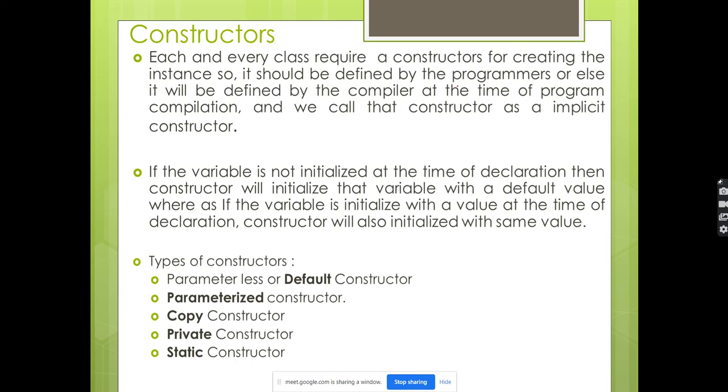For an integer i, the default value i equal to 0 will be assigned, and for a double j, j equal to 0.0 will be assigned. But if I want to assign i some value like 10 or 20, in that case I need to go for the parameterized constructor.